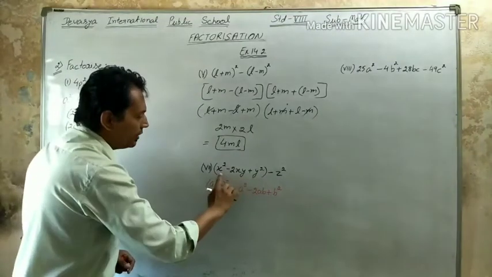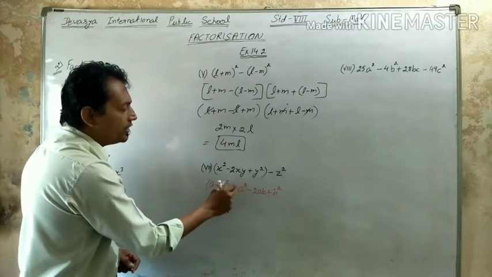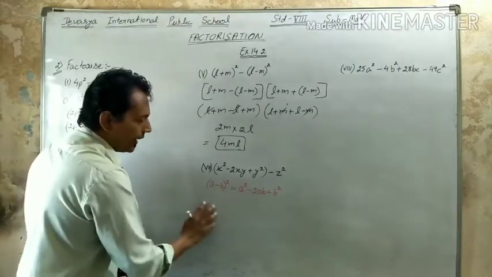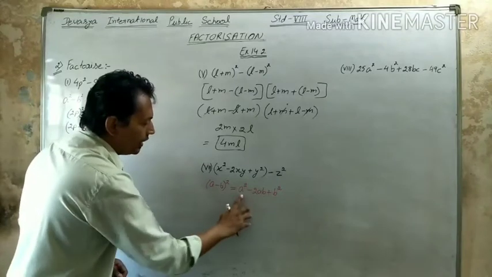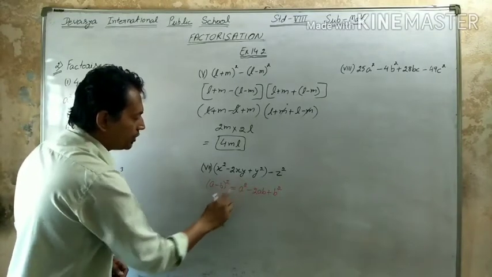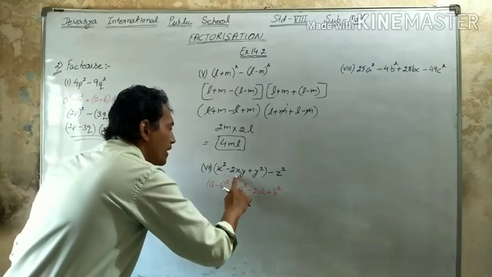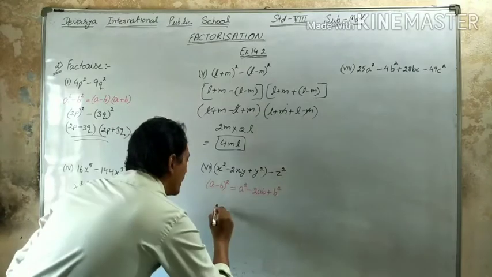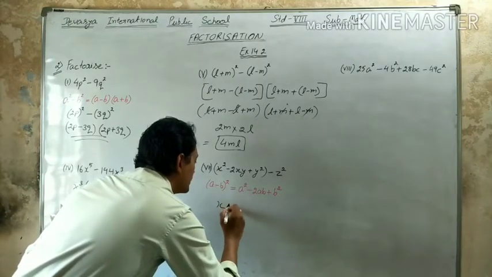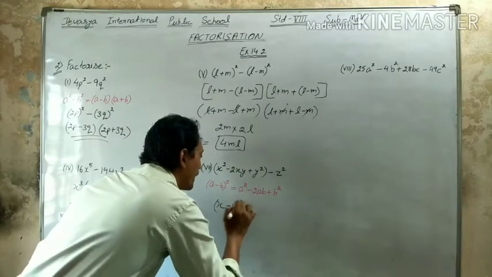Again, now we have one more expression here. You see the bracket part, x square minus 2xy plus y square. So this resembles the right hand side of the identity a square minus 2ab plus b square. We need to bring this expression into this format. So x square minus 2xy plus y square can be written as x minus y whole square.